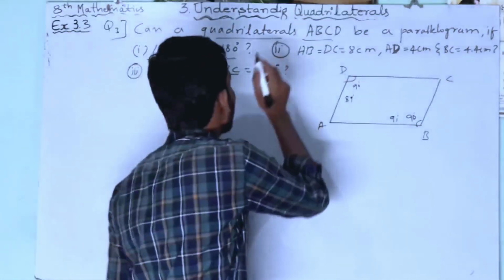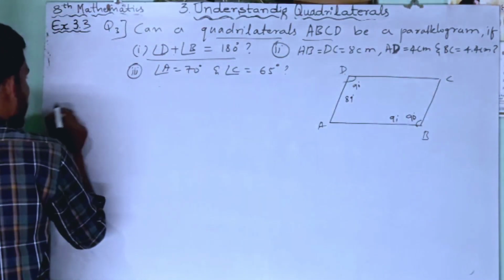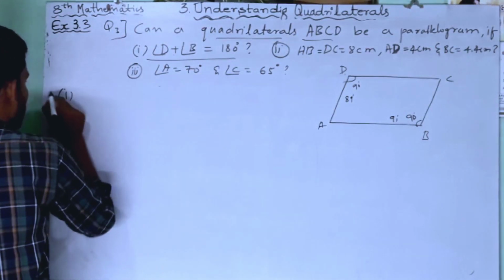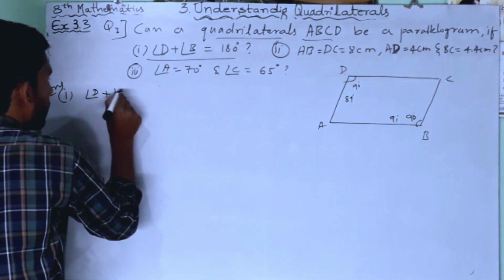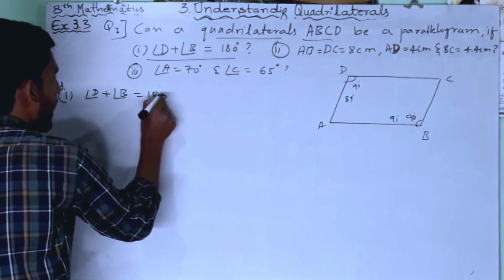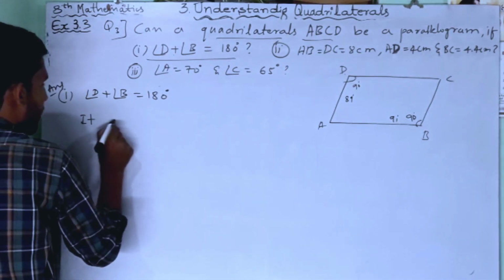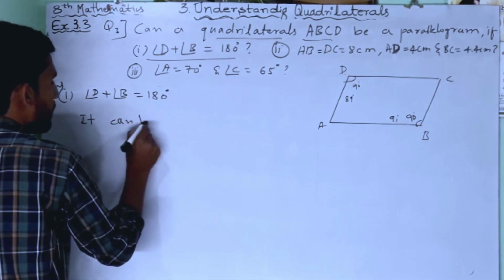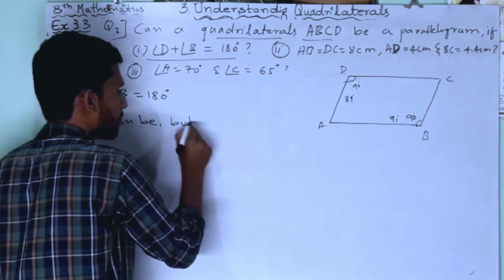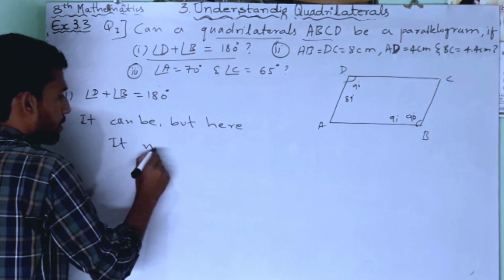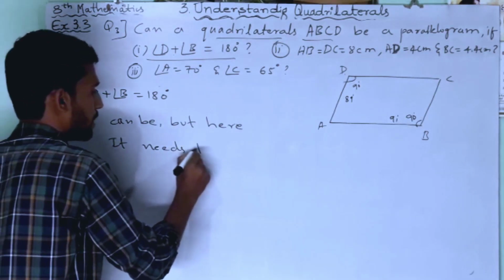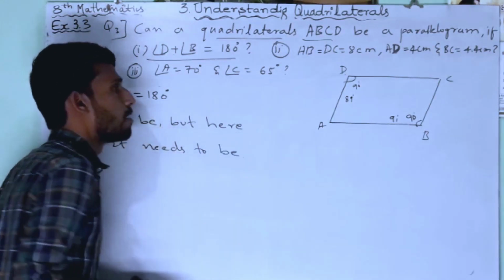Now we can write for this answer. First one, angle D plus angle B is 180 degree. It can be, but here it needs to be. This is the first solution.